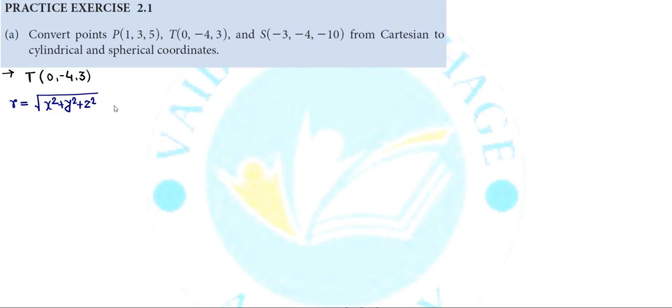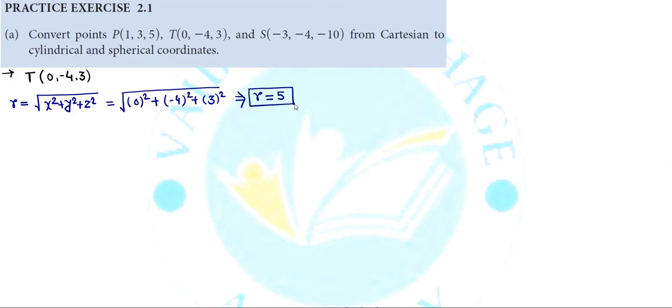Now put the values of x, y, and z over here: x is 0 square, y is minus 4 square, z is 3 square. If you simplify that, you will find the radius of the sphere in your spherical coordinate system, r, is equal to 5.